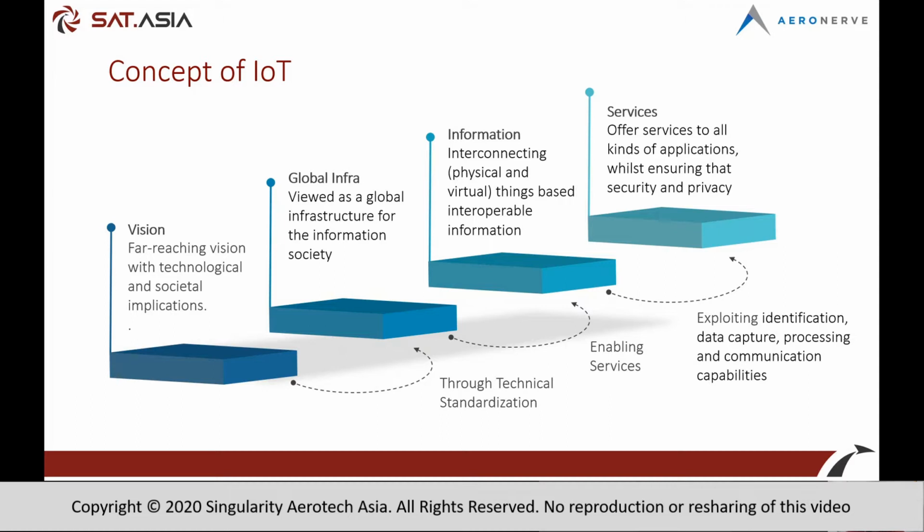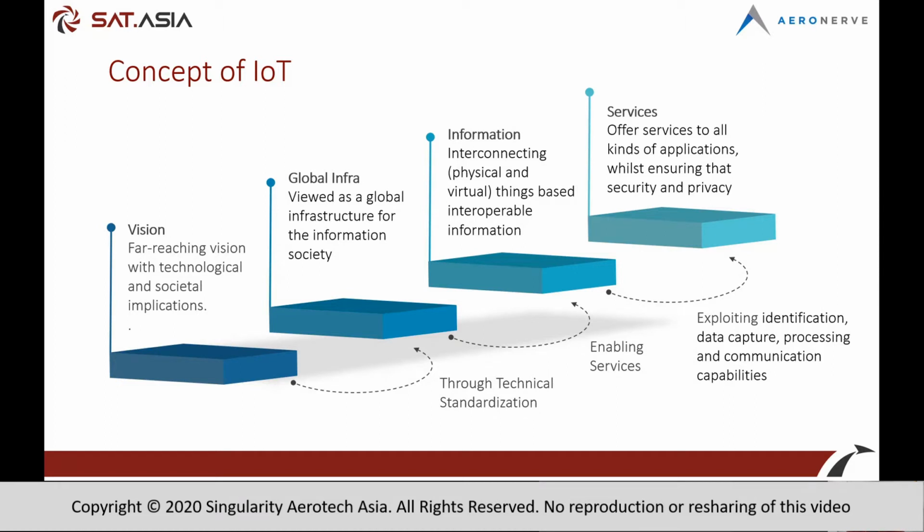And through technical standardization, okay, because it's too broad, so people basically need to have a standard in terms of technicality. So we will share with you what it means by having a standard later.